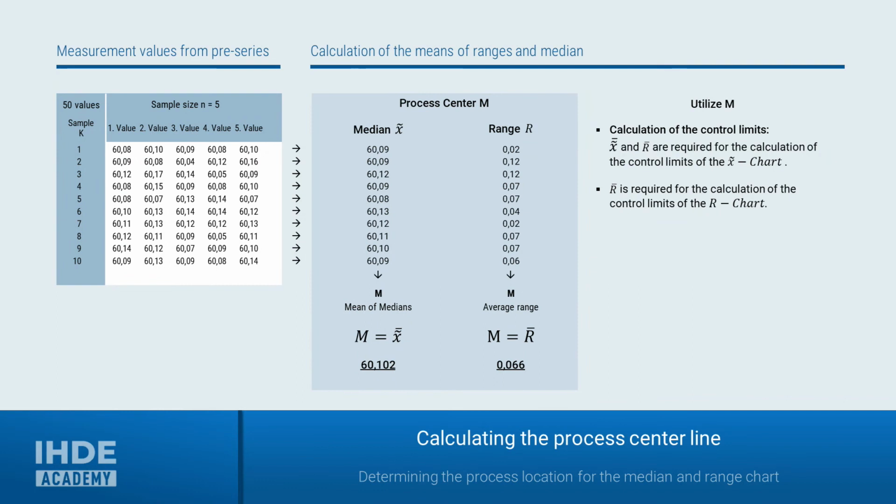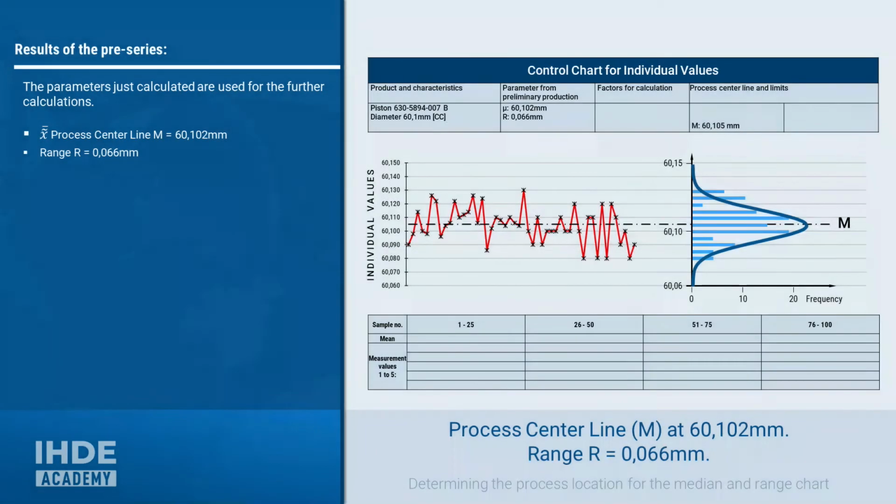The same was done next for the range. For each sample, the range was entered in the table, and at the end, the mean of the ranges was calculated. R bar is 0.066 mm. The y-axis of the control charts must be scaled in such a way that extreme values can also be displayed in them.